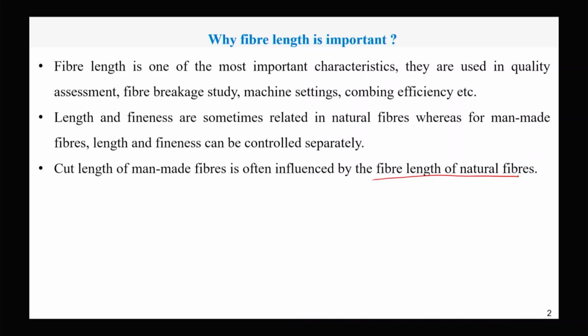So when we are talking about blending man-made fiber like polyester with cotton, and cotton fiber mean length is around say 25 mm or say 30 mm, polyester fiber length we cannot keep longer. So we have to select a lower cut length.